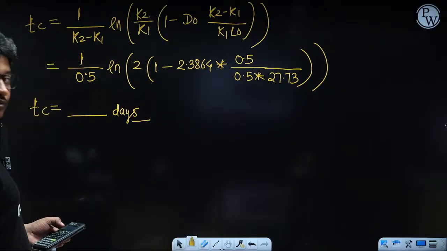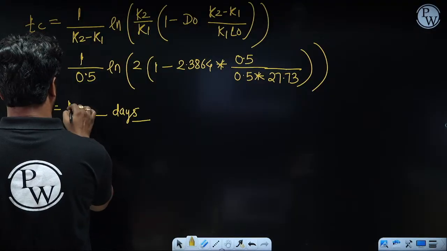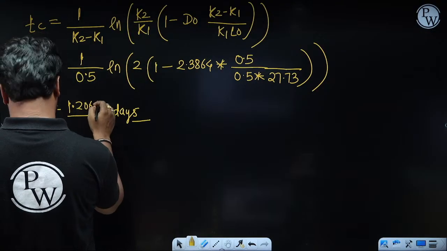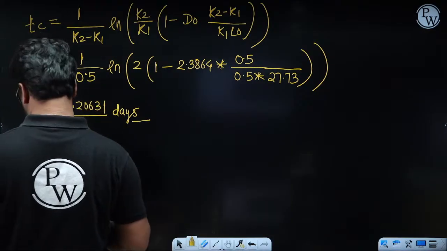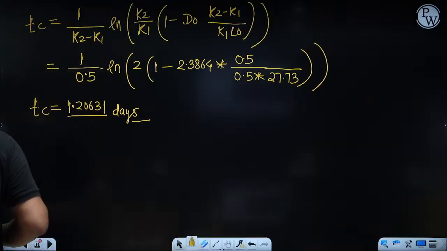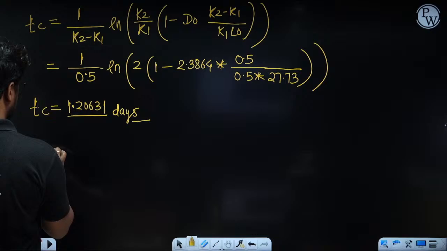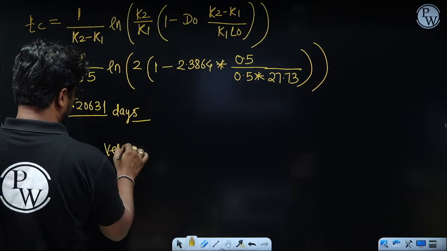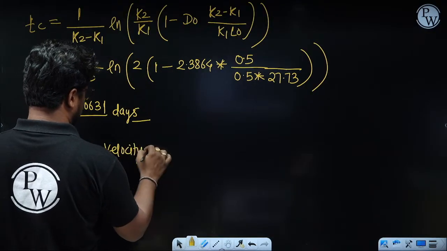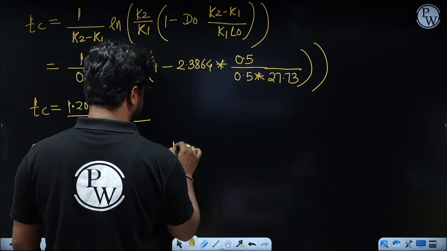According to my calculation, I'm getting around 1.2063. Distance is equal to velocity into time.